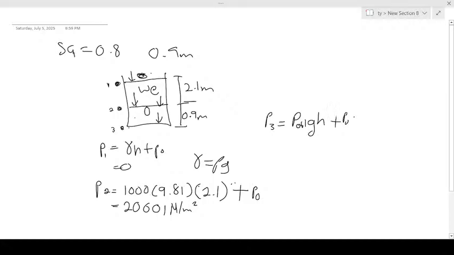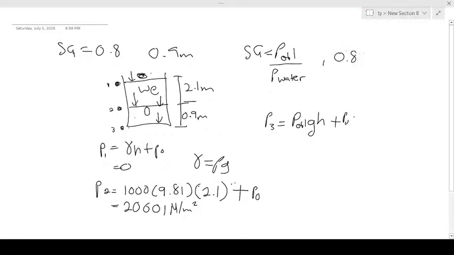But we're not given the density of oil. All we're given was the specific gravity of oil. But we know that specific gravity is equal to the density of a medium to the density of water. And we know the specific gravity, we know the density of water.